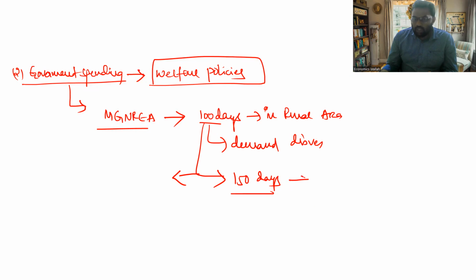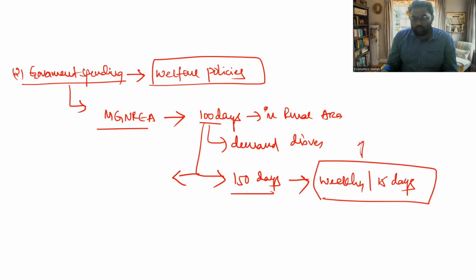For that, they will pay regularly, weekly or every 15 days. Because of this MNREGA scheme and the extra days allocated for people to work, the money available to the working class is high.